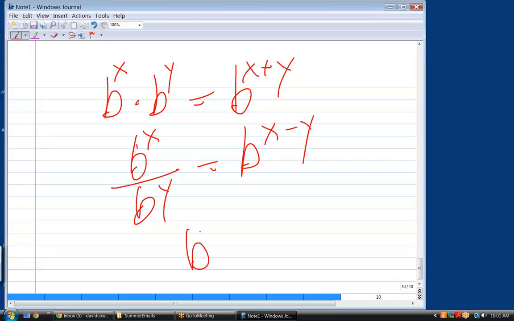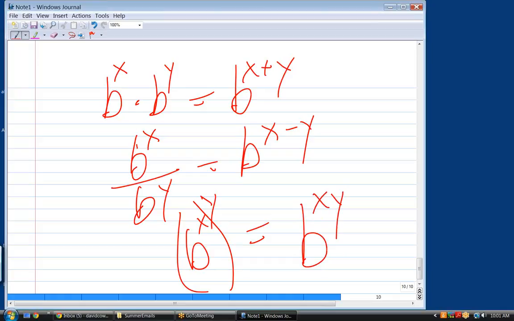What if I had b to the x and I raised the whole thing to the y power? That's the third most important case. Well, multiply the exponents. Okay? In other words, that's the answer.